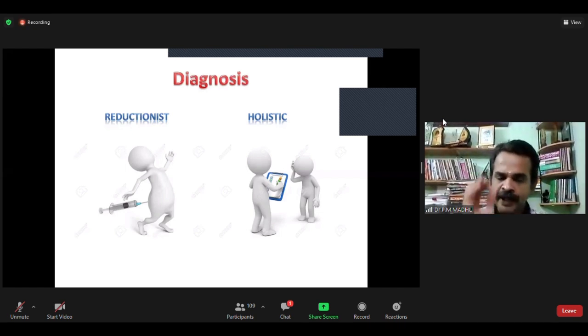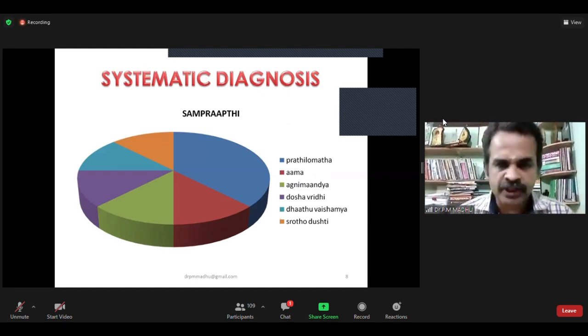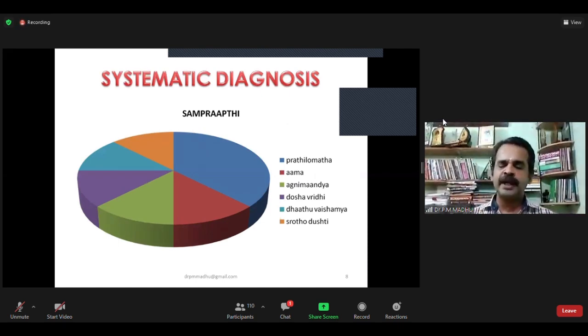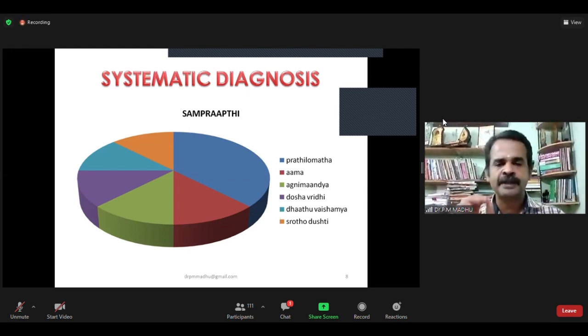We have to identify the patient in terms of his samprapti. Then only does the systematic diagnosis in the Ayurvedic way happen, by assessing the patient in terms of samprapti. Pratilomata will be there, Ama will be there, Agnimandya will be there, Dosha Vriddhi will be there, Dhatu Vaishamya, Srotodushti. These are the essential events happening inside the body.